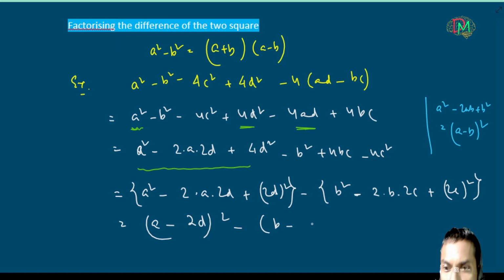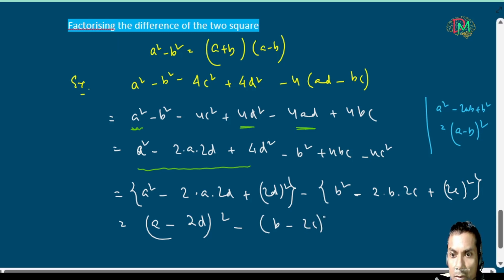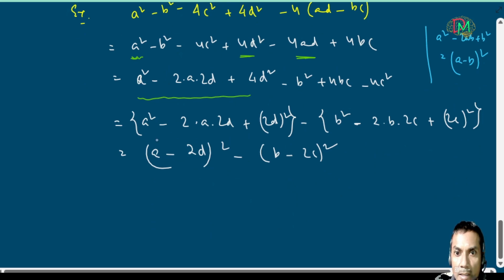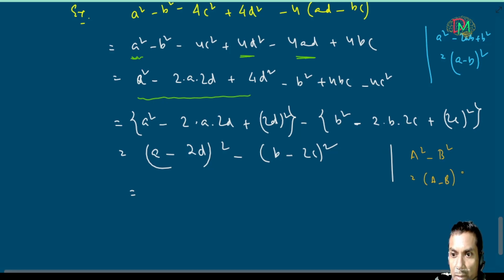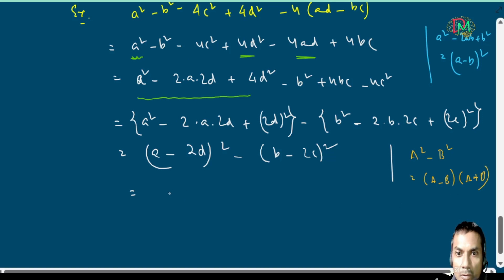Clear? So (b minus 2c) whole square. Done. The next step will be a square minus b square, and here you can write as a minus b into a plus b. So it will be what?